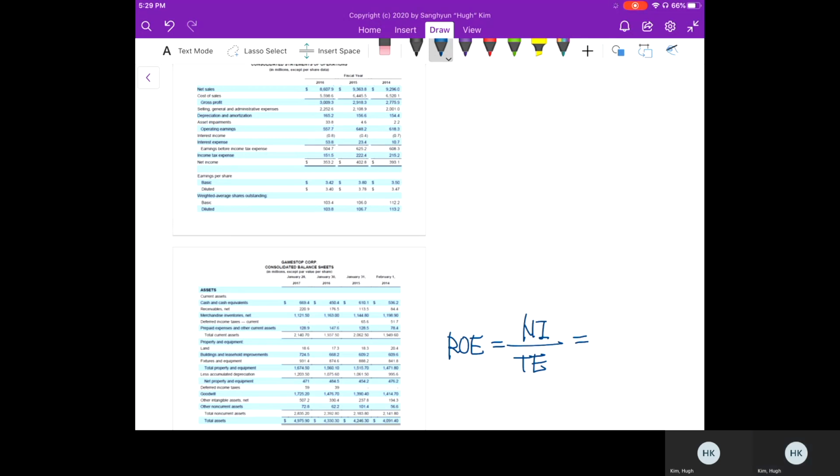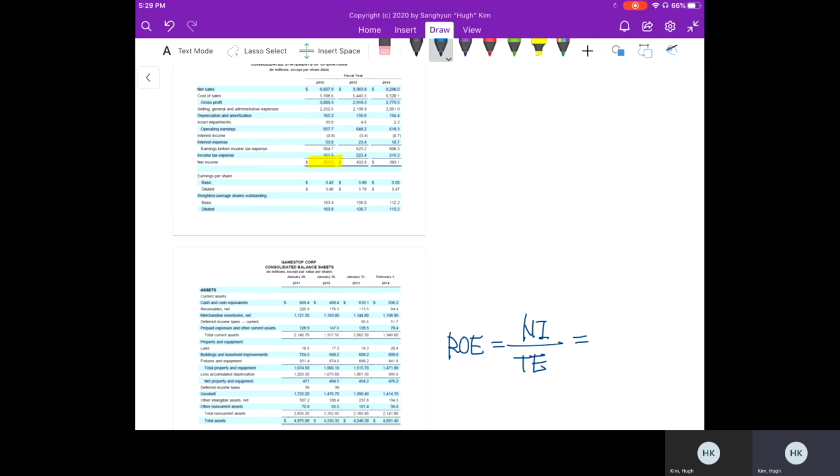We look at the net income numbers here, and we want the numbers for 2016. Okay, so it's here.